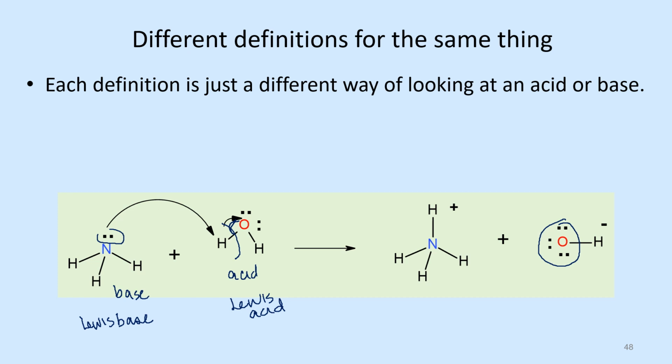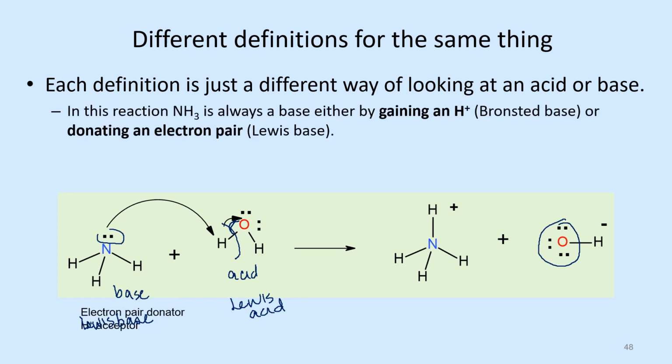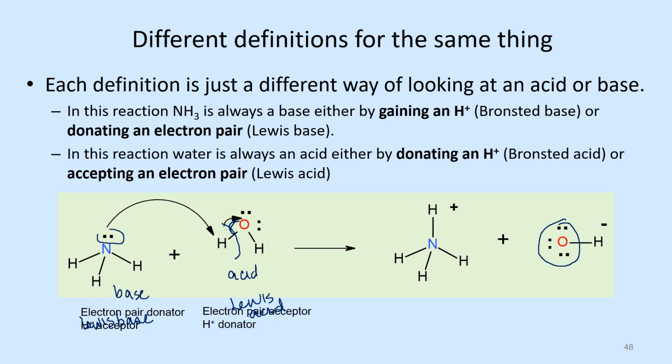So both of these are acids and bases, just a different way of looking at it. So there I wrote over it again. Nitrogen is a base either by gaining a hydrogen or by donating an electron pair, and the water is always an acid either by donating a hydrogen or accepting an electron pair.